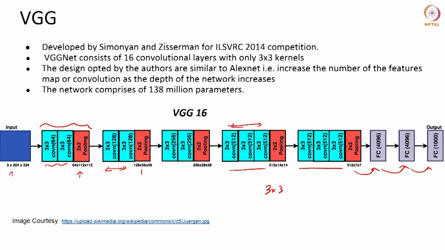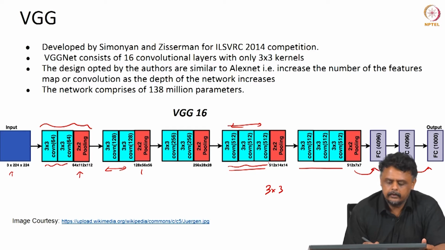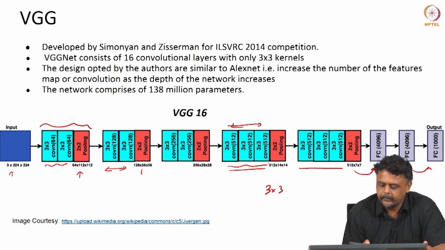In between these 2 convolution layers there is no max pooling, but the non-linearity is still there. So, a 3 cross 3 convolution and non-linearity, and then another 3 cross 3 convolution and non-linearity. In the case of 3 convolutions, 3 successive non-linearities are applied following the convolutions. What does this provide in terms of an advantage?